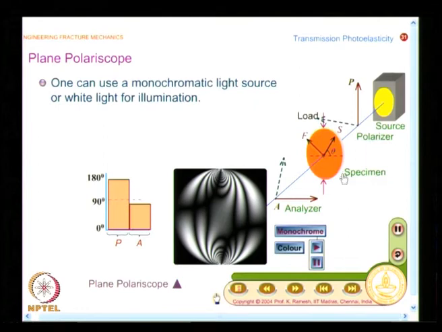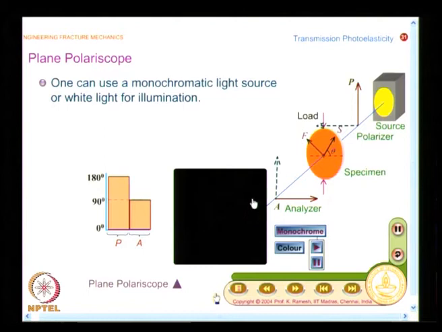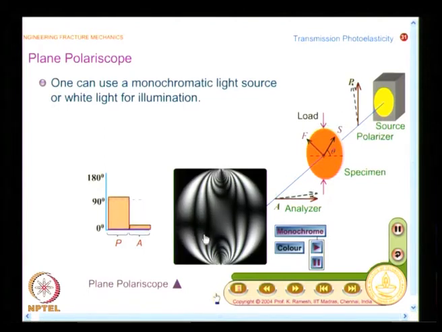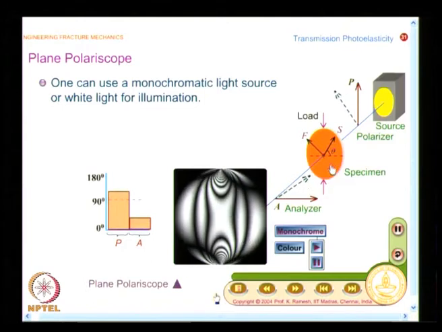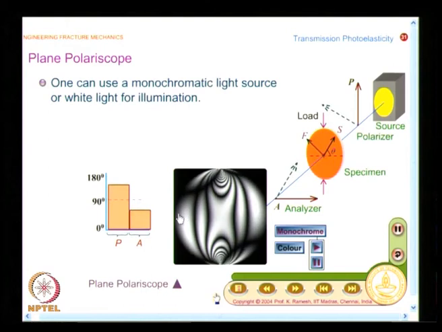So what you can now appreciate is, when I keep a model in a plane polariscope, I see two sets of contours. One set of contours is where the model behaves like a wave plate. Why do I see multiple contours?